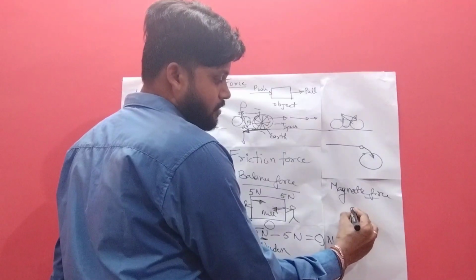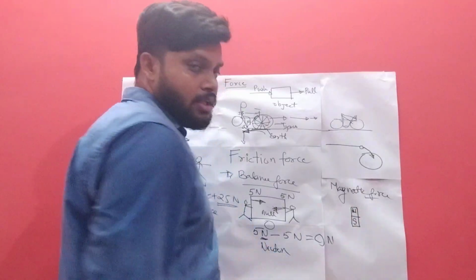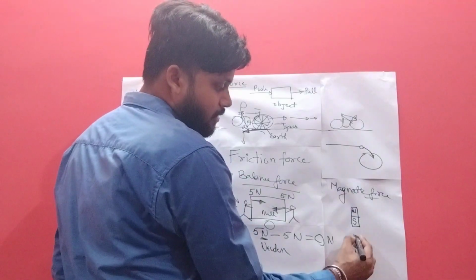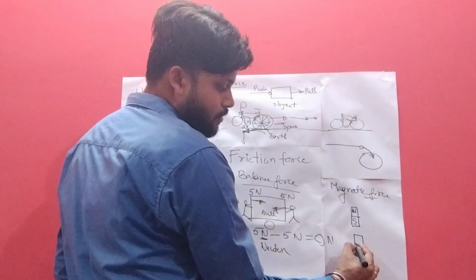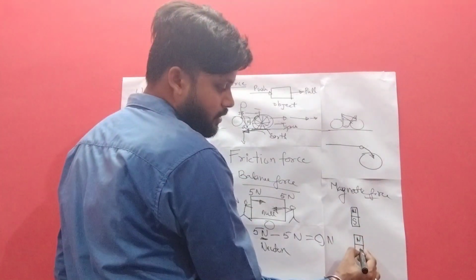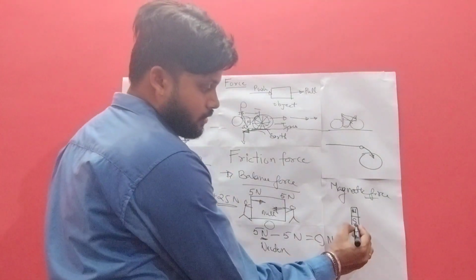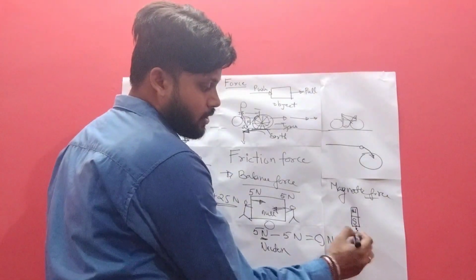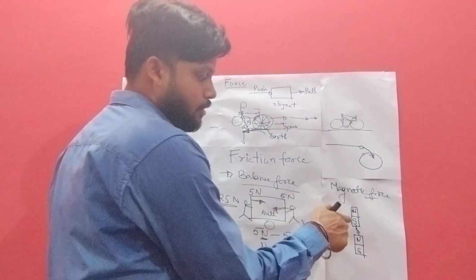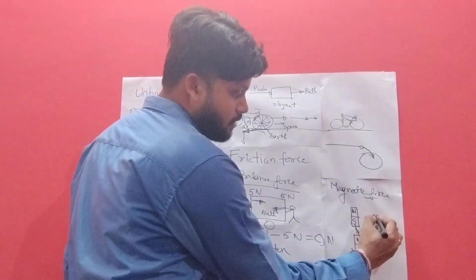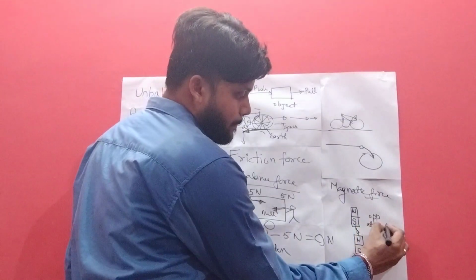It has one north and one south pole. And I take a similar magnet which has a top north and bottom south. What happens? The opposite poles, north and south, attract each other.